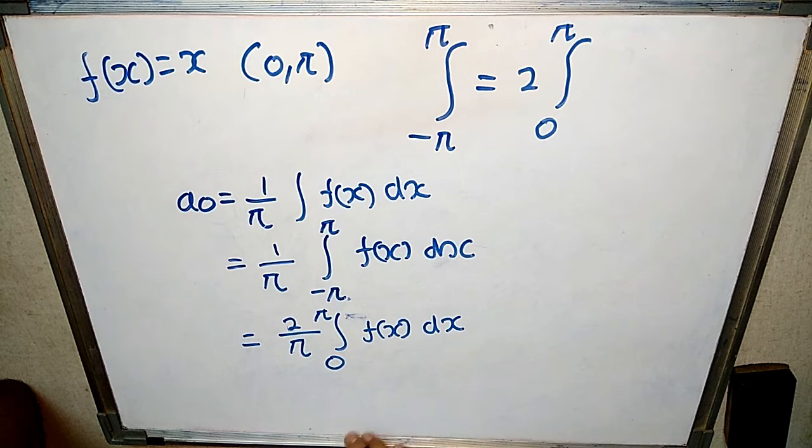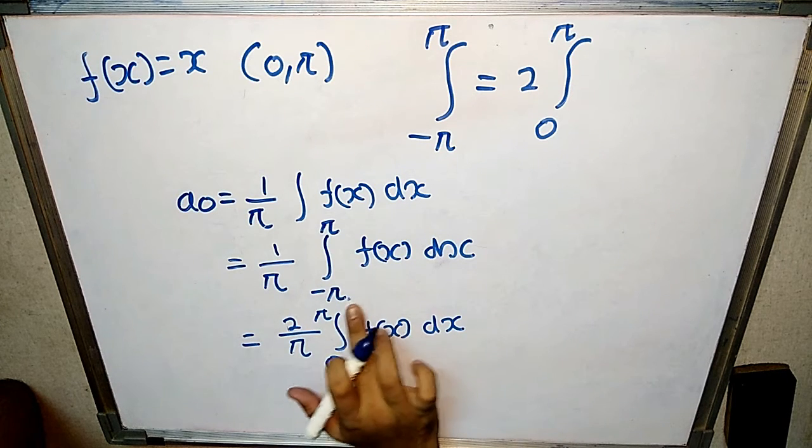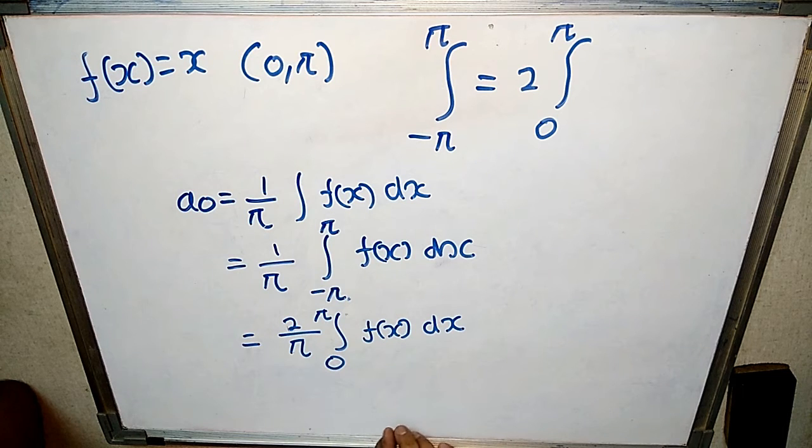And now from here the steps are the same as we have seen earlier, and also the same for finding an and bn.